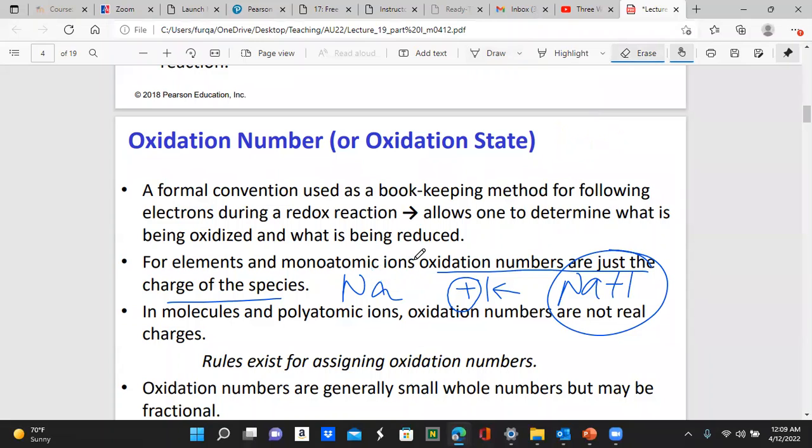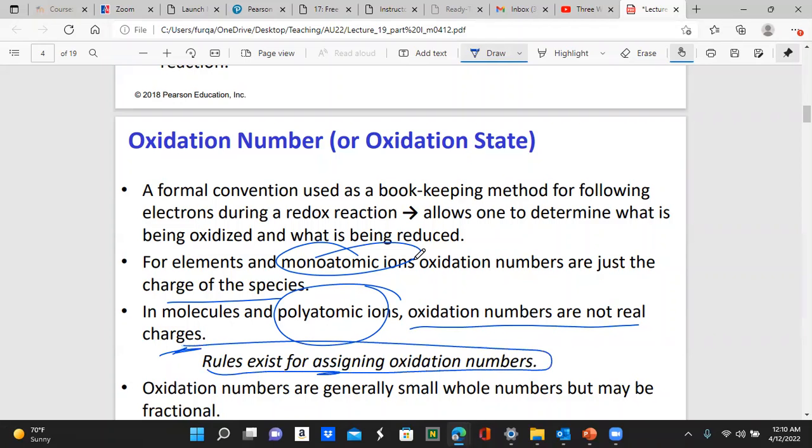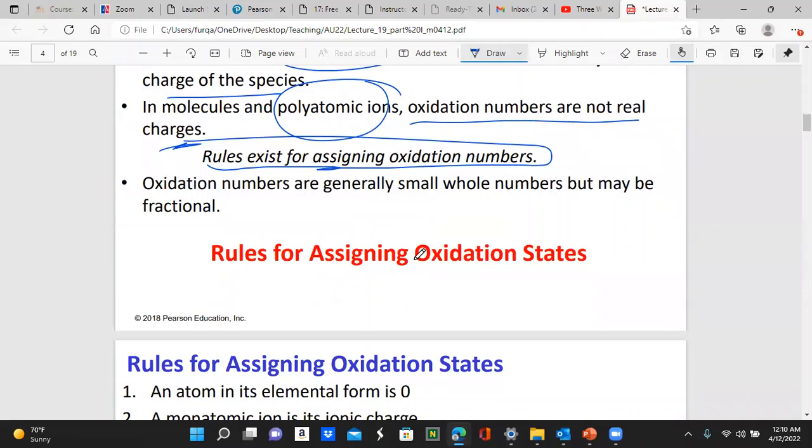So the same happens to all atomic ions. Make sure that you do not get confused with the polyatomic. We are not talking about the polyatomic. That's why it's very specifically saying here monoatomic ions. So in molecules and polyatomic ions, now the oxidation numbers are not real charges. So what do we do? There are several rules that exist for assigning the oxidation number. So we'll go there and figure it out based on the rules.